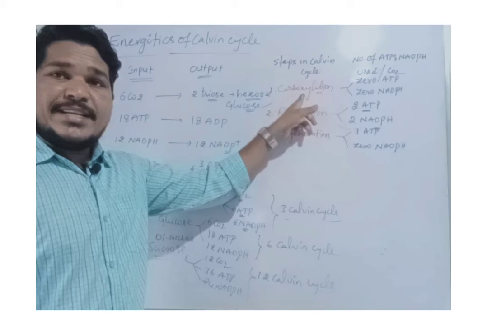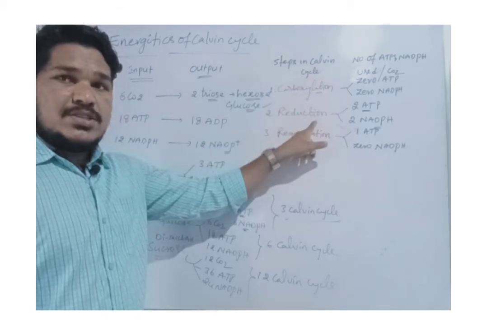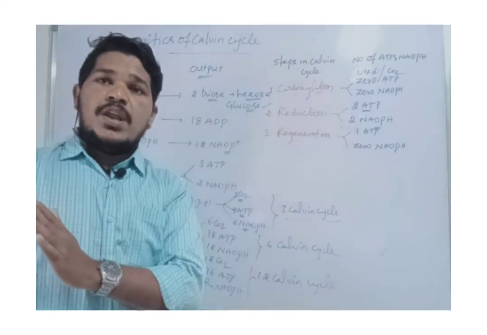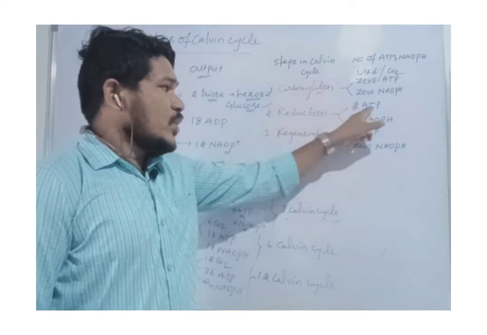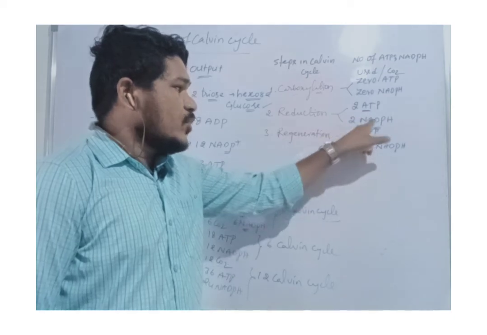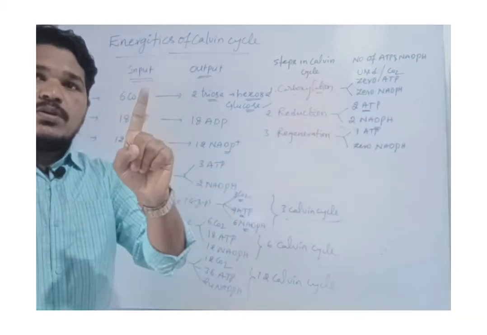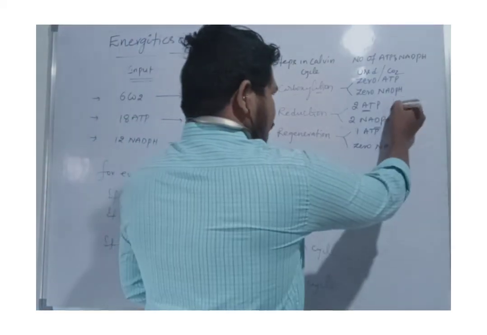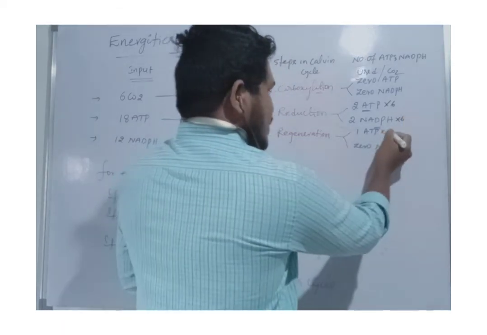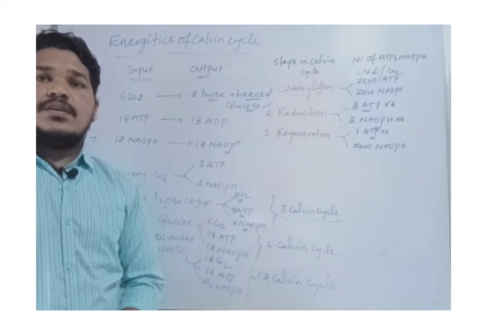Then in the reduction phase, 12 molecules of phosphoglyceric acid are converted into 12 molecules of glyceraldehyde 3-phosphate. Here 2 ATP molecules and 2 NADPH molecules are required per CO2. For 6 CO2 molecules, 12 ATP and 12 NADPH. In addition, 6 ATP molecules are required for the regeneration of RuBP in the Calvin cycle.